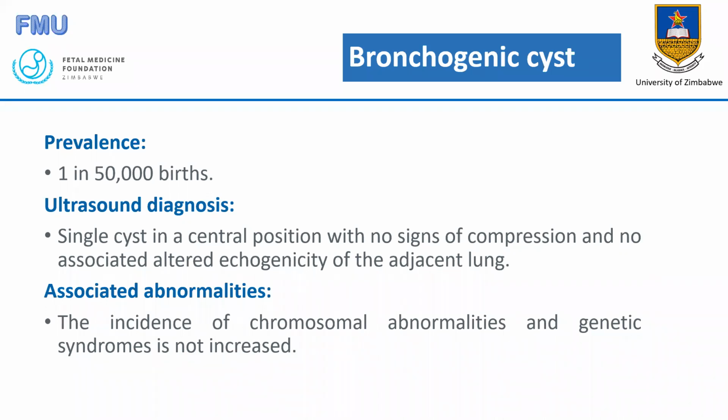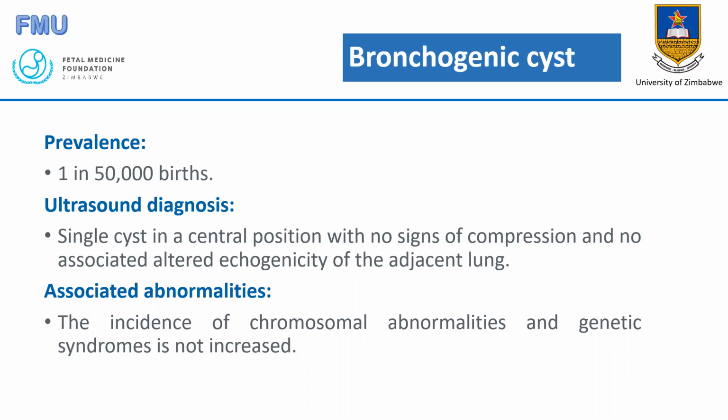So any cyst you see in the lung where there's no increased echogenicity around it is a bronchogenic cyst. This is very important. There are other cysts we are going to discuss, which will result in increased echogenicity around them. So always remember that the echo density has to be normal around the cyst.